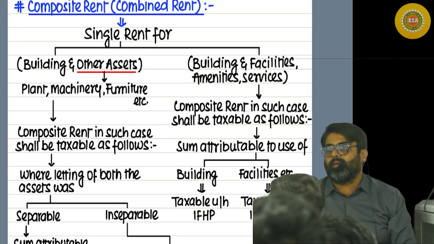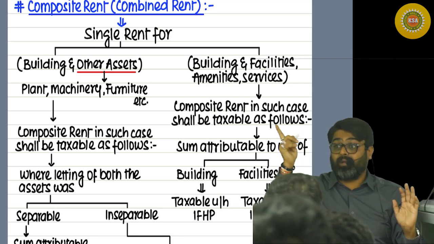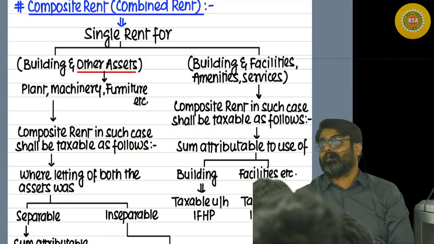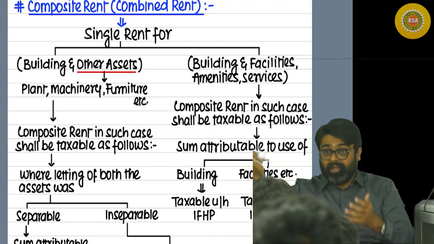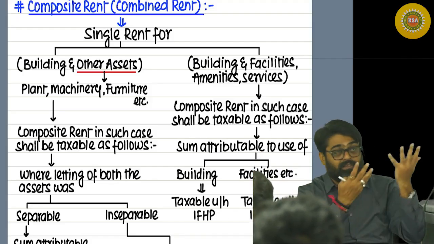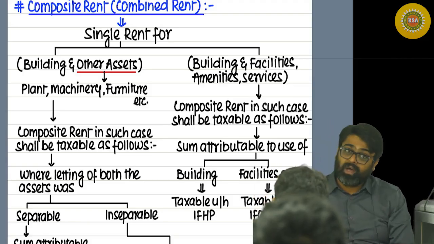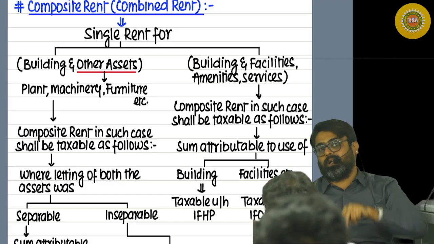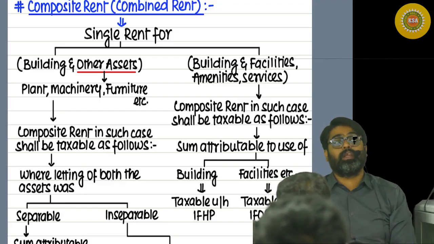Getting my point? Classroom, factory building is given on rent with other assets like plant and machinery in the case of factory building, like these benches, AC etc. in the case of classroom. So now one asset you are letting out or two assets? Building along with other assets. Two assets you are letting out. Yes or no?